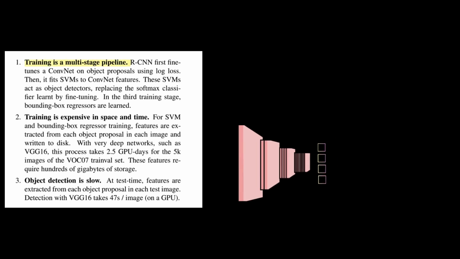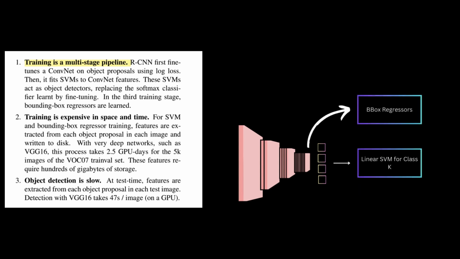The first is to do with how training RCNN requires 3 stages, and rather than a single training task, one needs to manage the entire pipeline of 3 sequential training tasks.